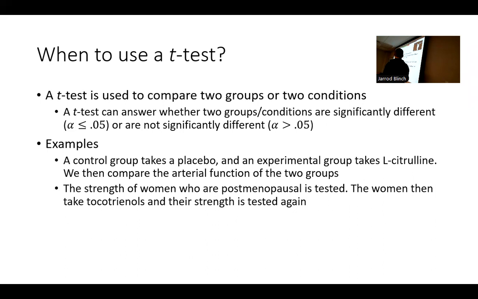I don't know where I came up with that one. I don't know if it was from some of the research here, or if I just Googled how to increase strength. And then we'll test their strength again. So it's the same 10 women tested twice. And those 2 groups, well, it's not 2 groups, it's 1 group because they're dependent. And for that, we need a paired samples t-test, and that we'll talk more about next week.